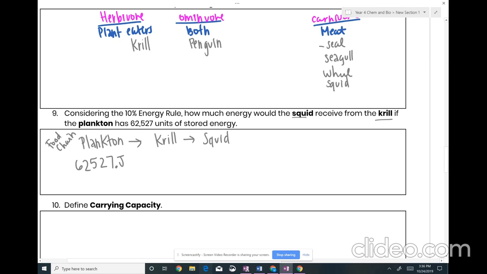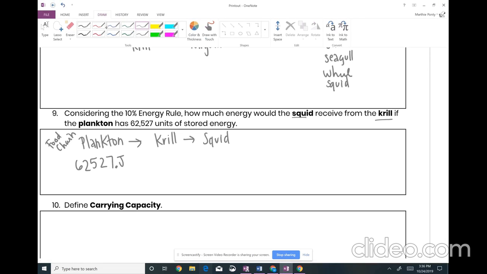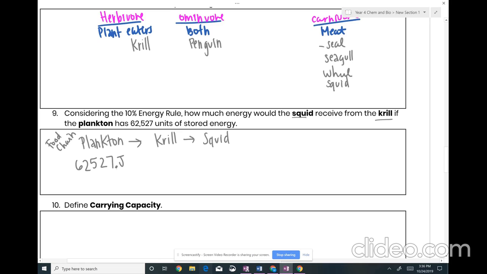Basically what happens in the 10% rule is that each time I'm moving my decimal point over as I go up the food chain. So for example, I have 62527. I write the same number, but now I move that decimal once, and I put my decimal point right on there. So that's exactly what I did. I moved it once, right?